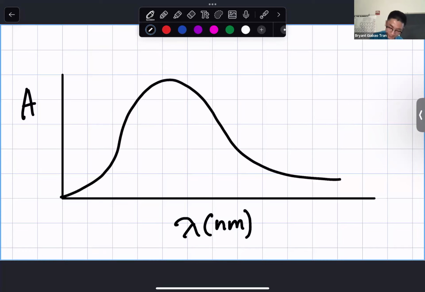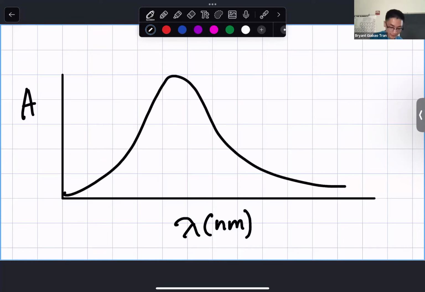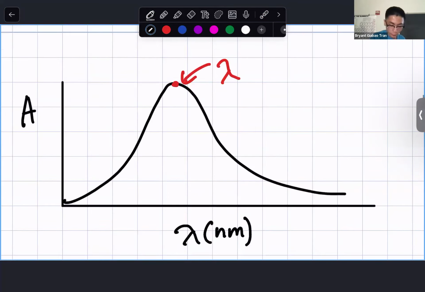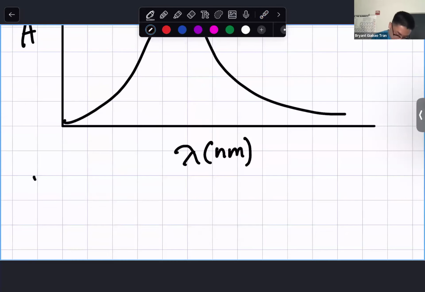It's going to have some kind of broad peak like that, where the maximum of that graph is going to show the wavelength that the molecule absorbs. And this absorbance here, or the intensity, think of that as absorbance.